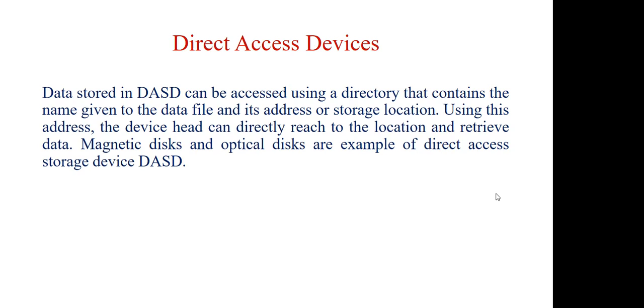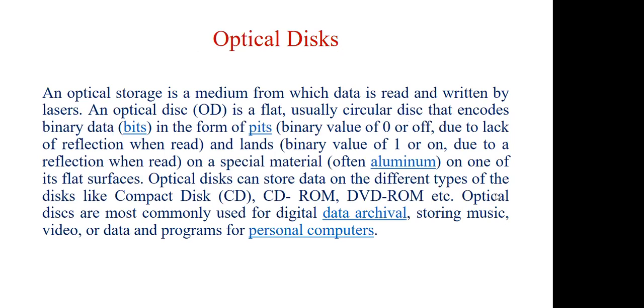We can directly go to that particular location. So when we have the capability of going directly to a particular location, that kind of access to your memory location is called direct access devices or direct access memory devices.